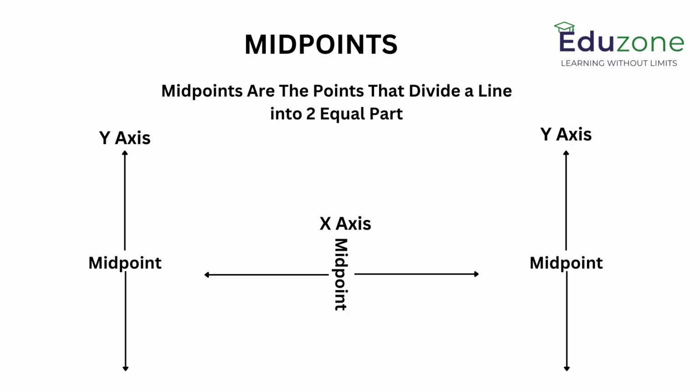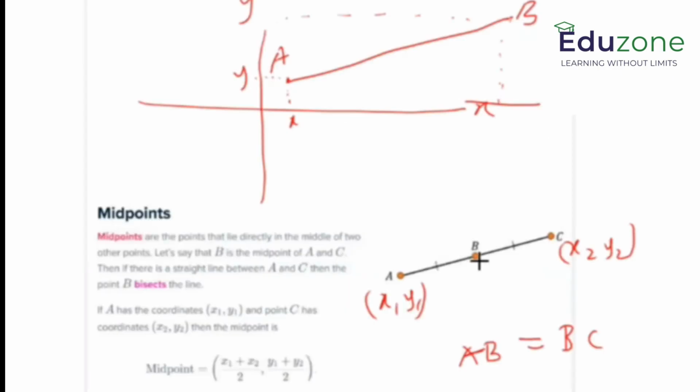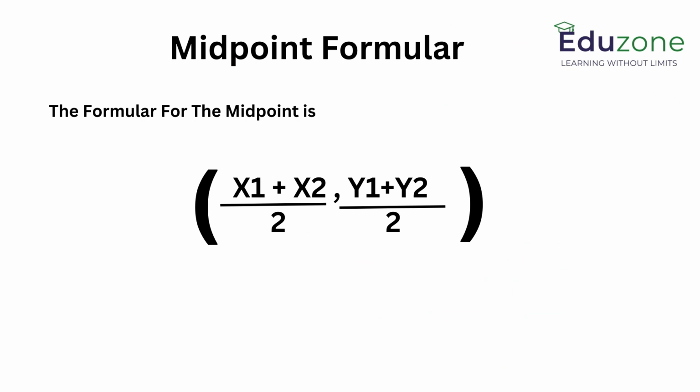You will see a line is here, a line is here. What it means is that line AB is equal to line BC. Why? Because B is a midpoint that divides AC into 2 equal parts. And this is the formula for calculating a midpoint.